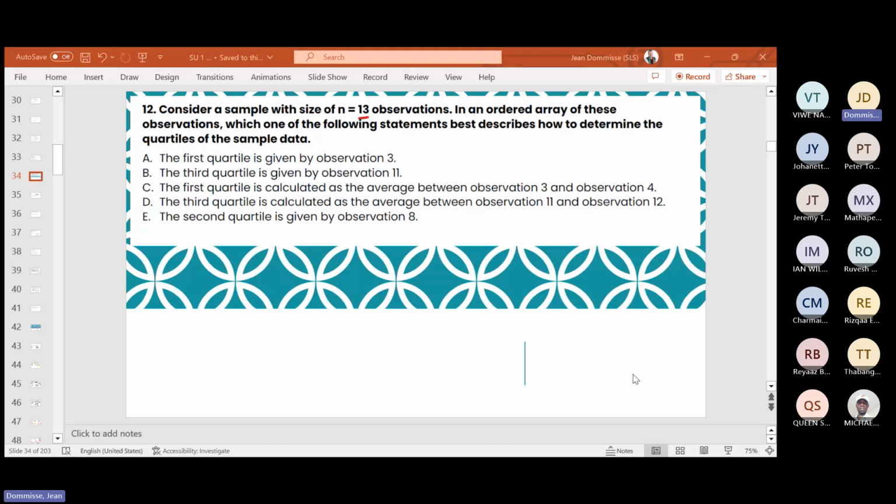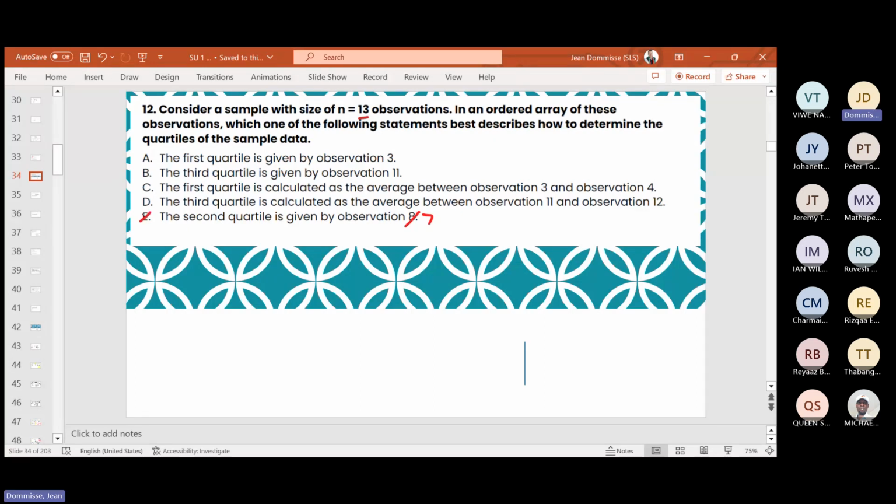Okay, so this is interesting. If we first work out quartile 2, which is the median, the number that it should be is 7. So it's not that one.